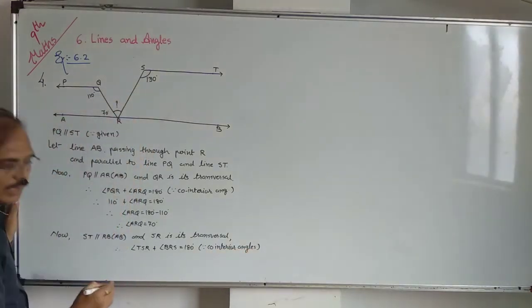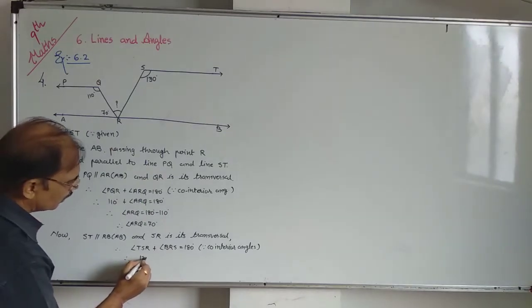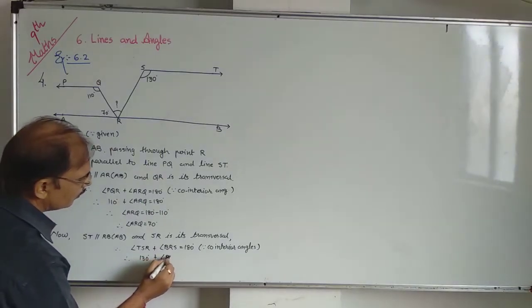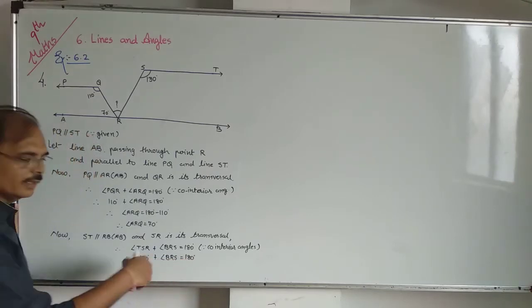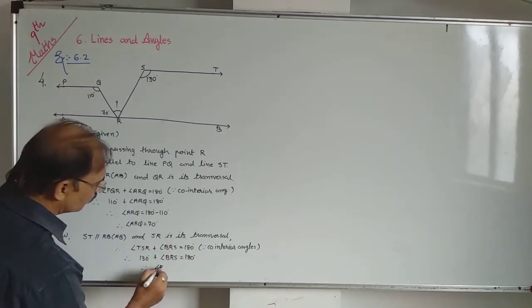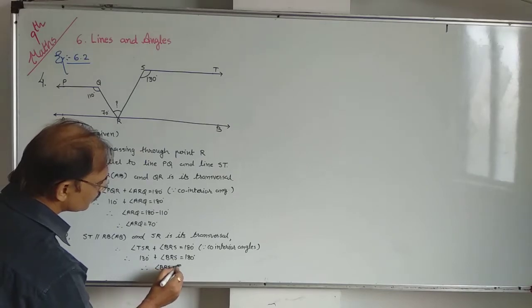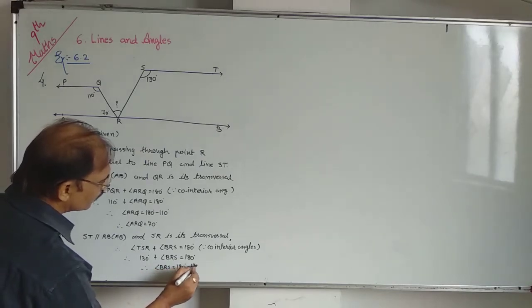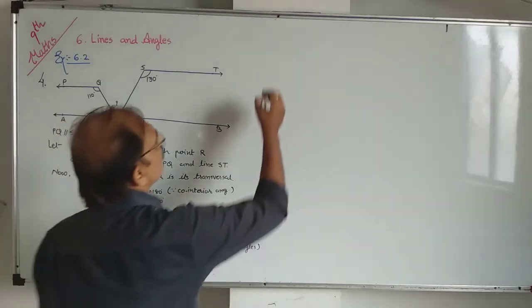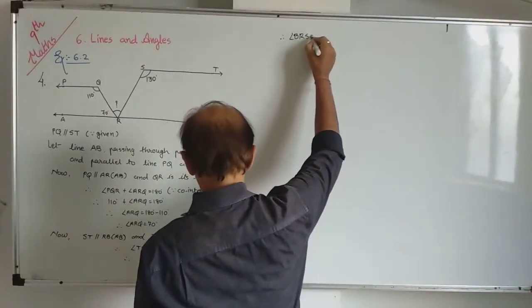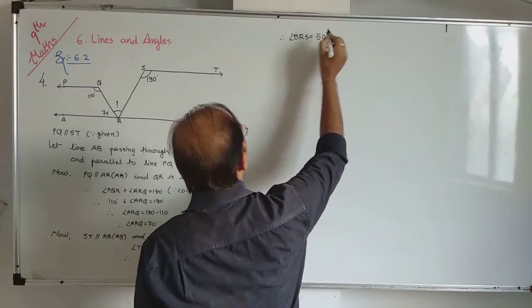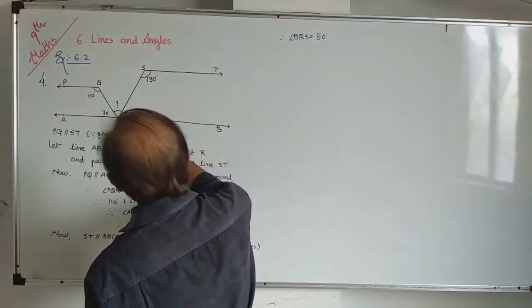TSR is 130, so 130 plus angle BRS equals 180. BRS equals 180 minus 130. Therefore, angle BRS equals 50. This angle is now 50.